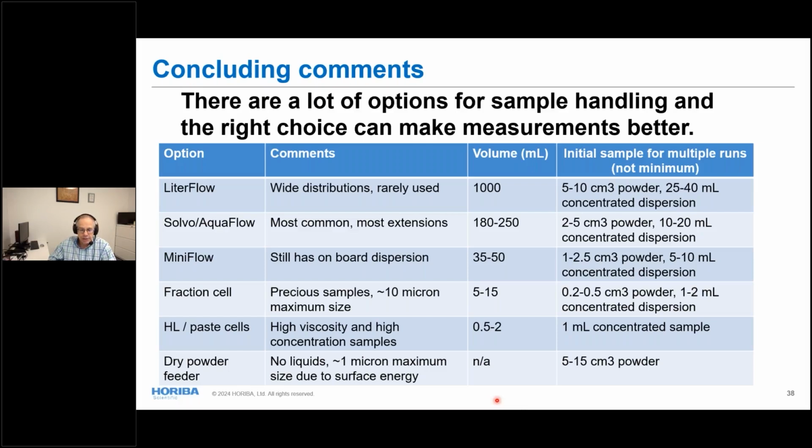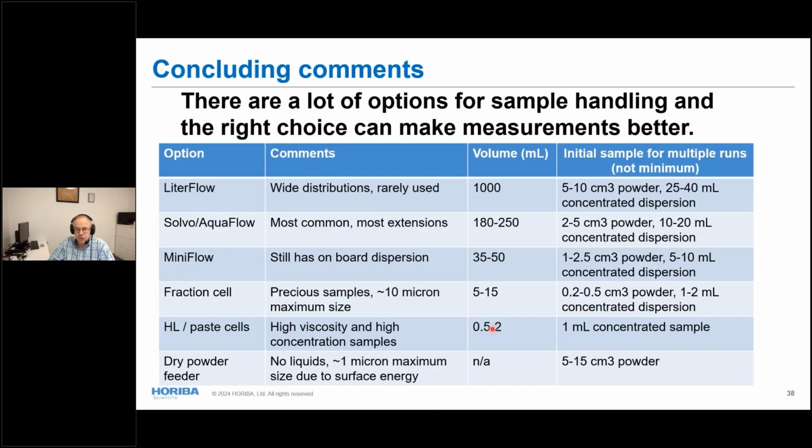As you talk to us, or as you think about your measurements, you think about which of these options make the most sense. And generally, you'll have some overriding concern that will push you one way or the other along this table. If sample is precious, it's probably going to push you to the fraction cell pretty quickly.